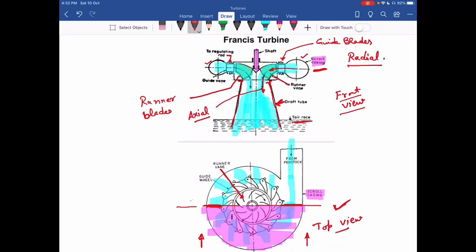Okay. So the direction of water in the runner, or in the turbine, you can say, changes from radial to axial. So that's why this turbine, the Francis turbine, we call a mixed flow turbine.